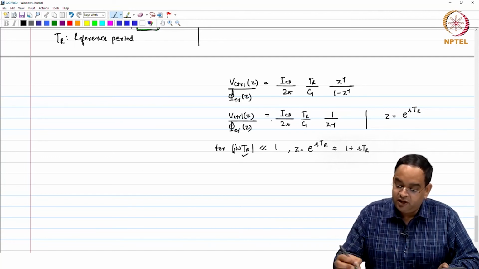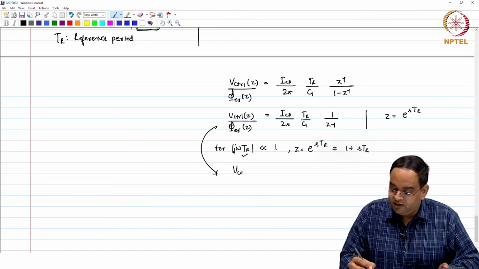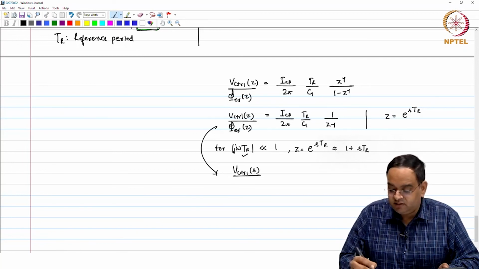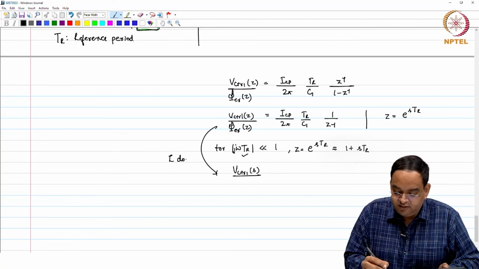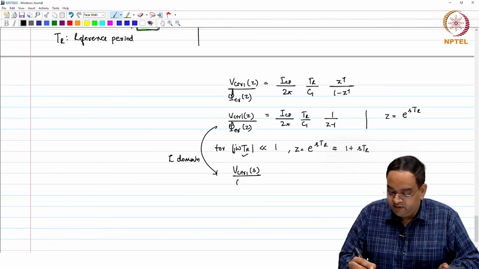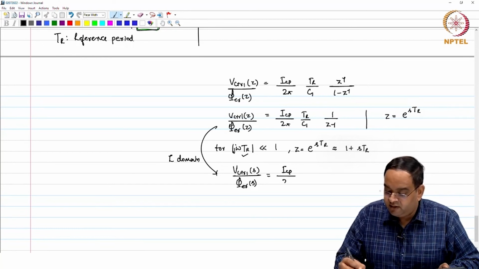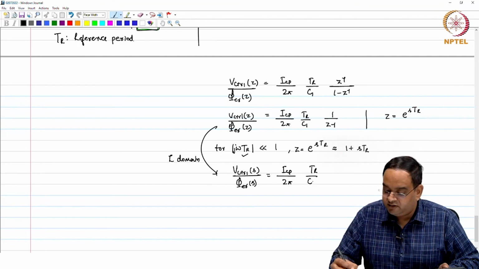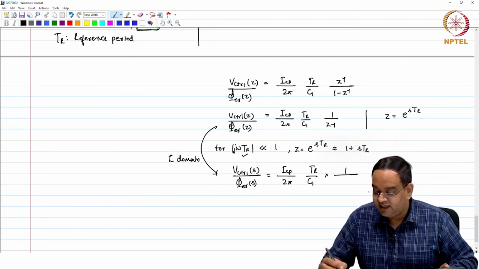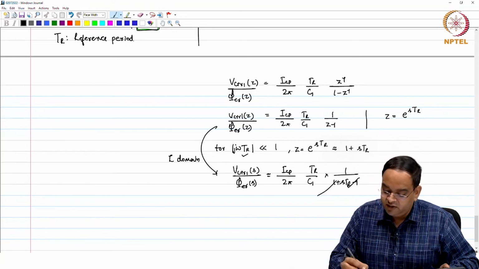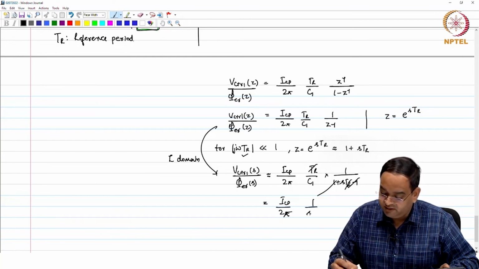Under this approximation, I can convert this into the S domain, the Laplace domain, and write V control of S by phi error of S as I_CP by 2 pi times T_R by C1 into 1 over (1 plus s T_R minus 1). The 1 goes off, so this is equal to I_CP by 2 pi, T_R gets cancelled, into 1 over s C1.